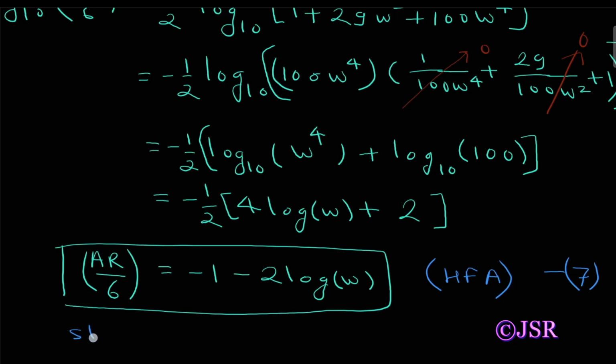So the slope of the high frequency asymptote of the given system is equal to minus 2.